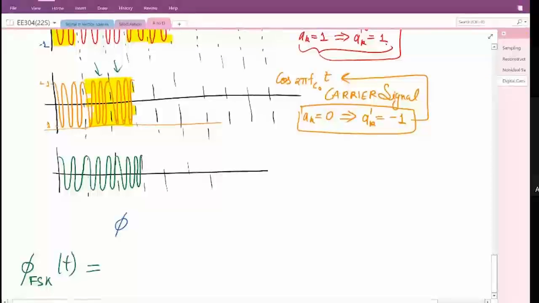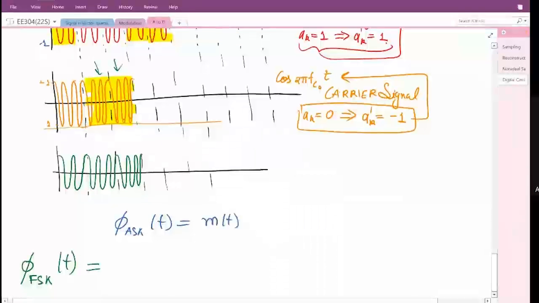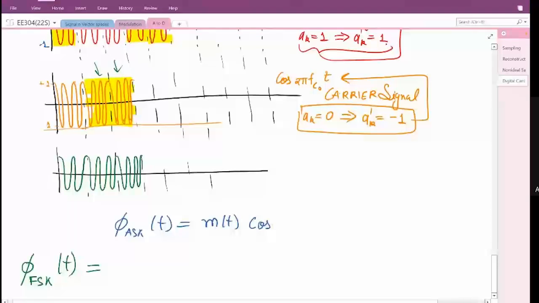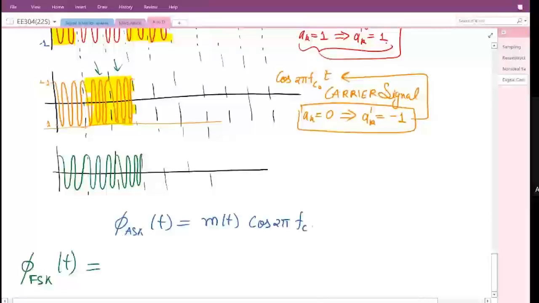We know that ASK. Why am I doing this? Because I want to write this frequency shift keying in terms of this ASK signal.